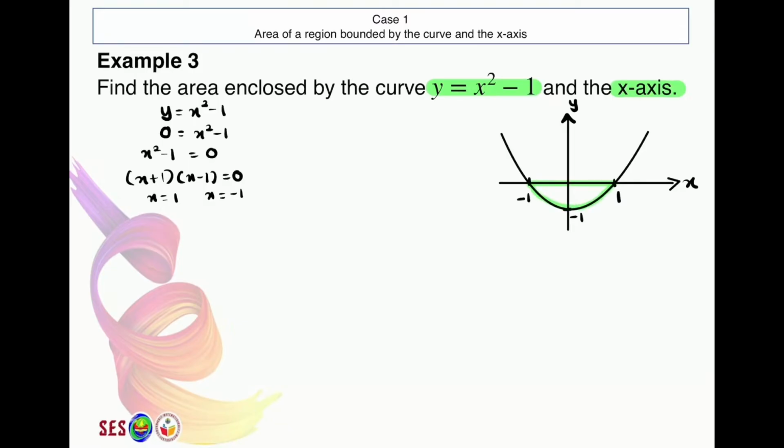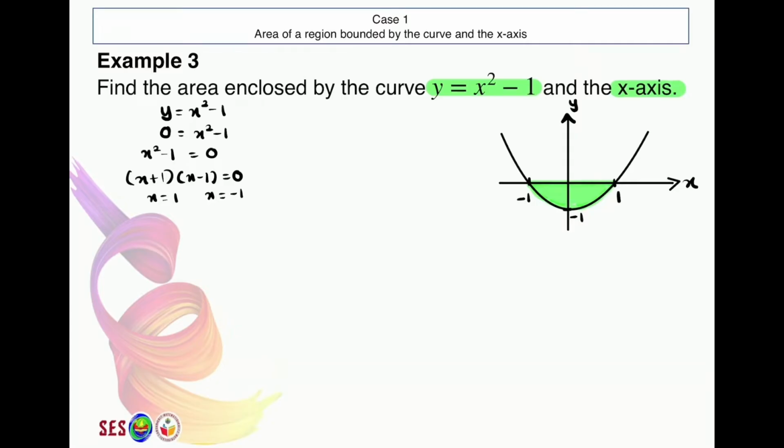Now you can clearly see the area which we want to find. The area which is enclosed is the one that I am shading right now.